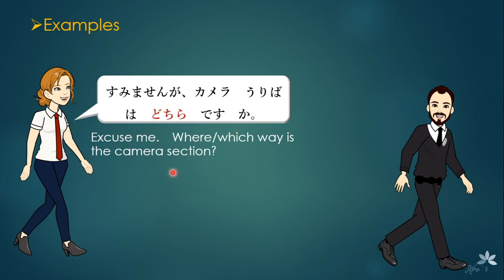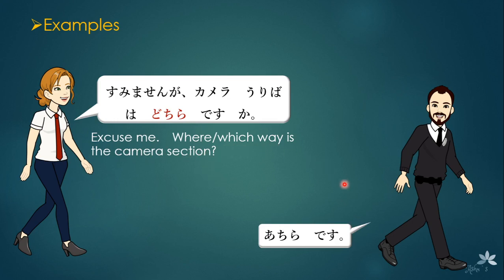Uriba means the section where a particular good is being sold. It can be camera uriba, it can be wine uriba. So the section where some item is sold, you call it uriba. Now she is asking, excuse me, which way or where is the camera section?